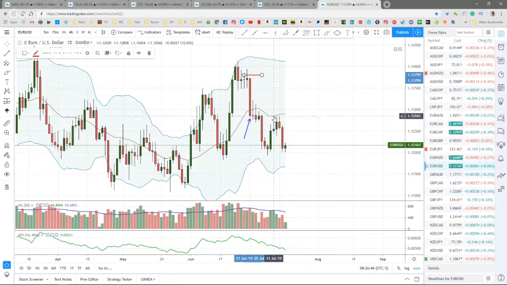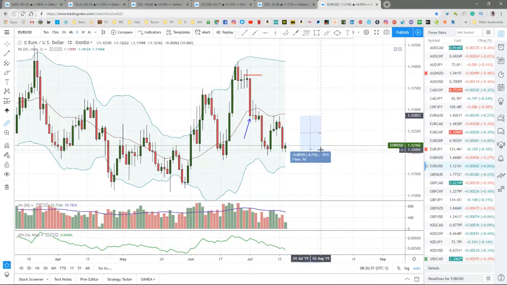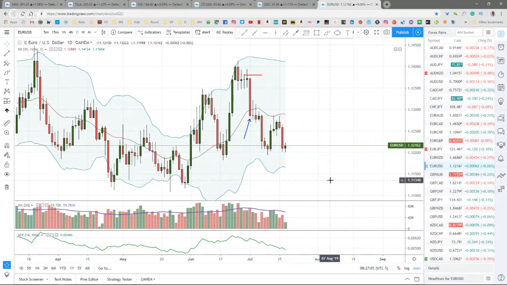So I probably wouldn't have closed that if it didn't close above the center. So I'd probably still be in this one short. And currently the trade would be up about 80 pips, 75 pips. No, a little less, 69 pips right there.